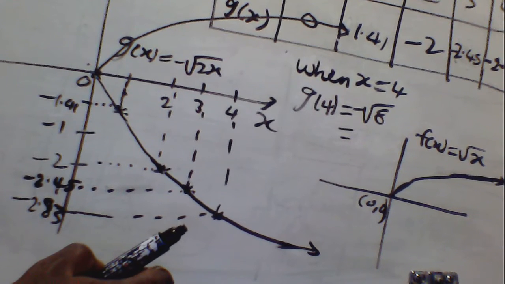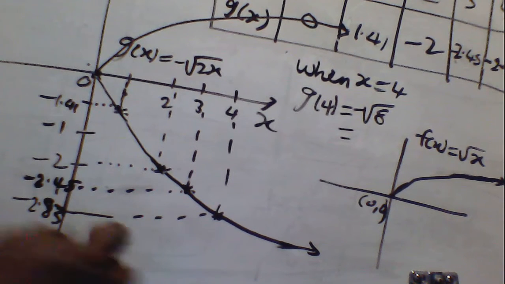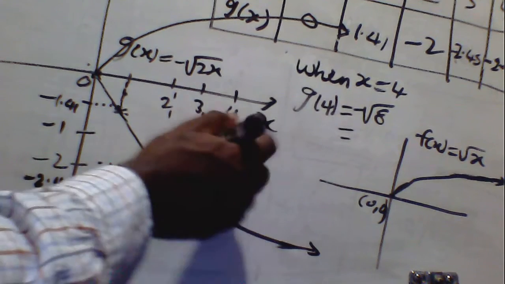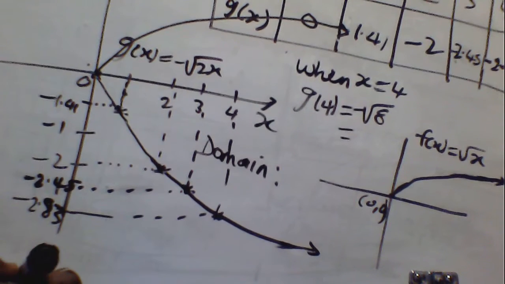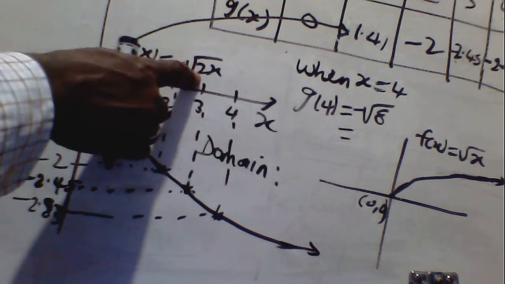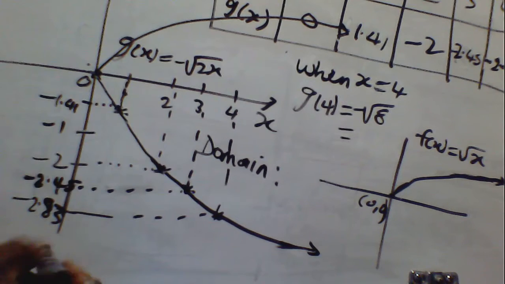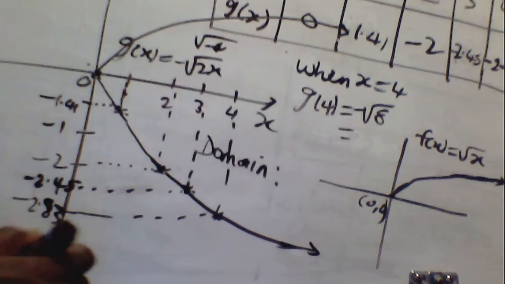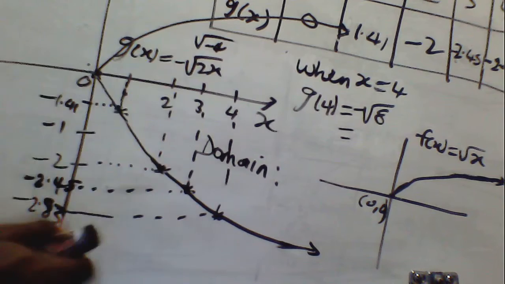Exercise: identify the domain and range of the function. So what can you say about the domain? The radicand of a square root must be non-negative. That is, it cannot be -4. This is a radicand, this is a radical, this is a square root.